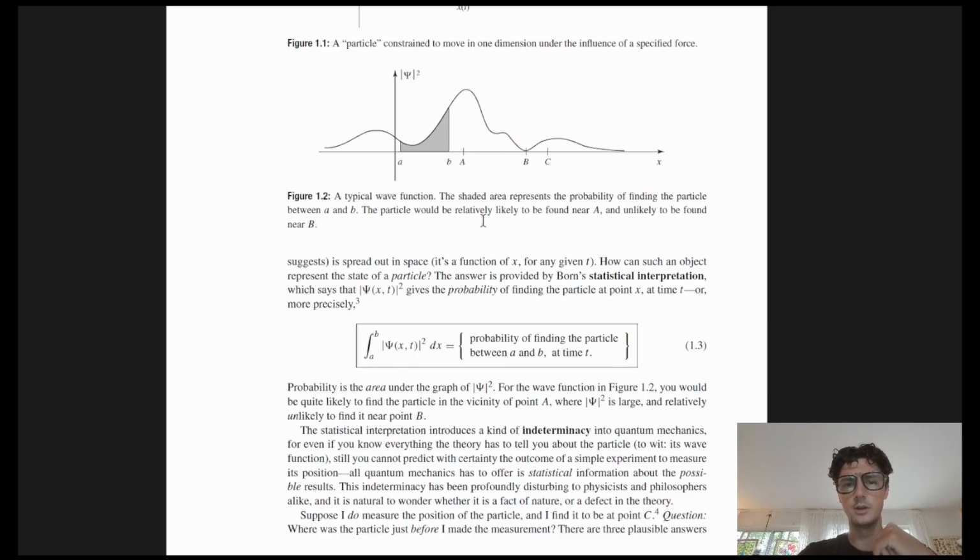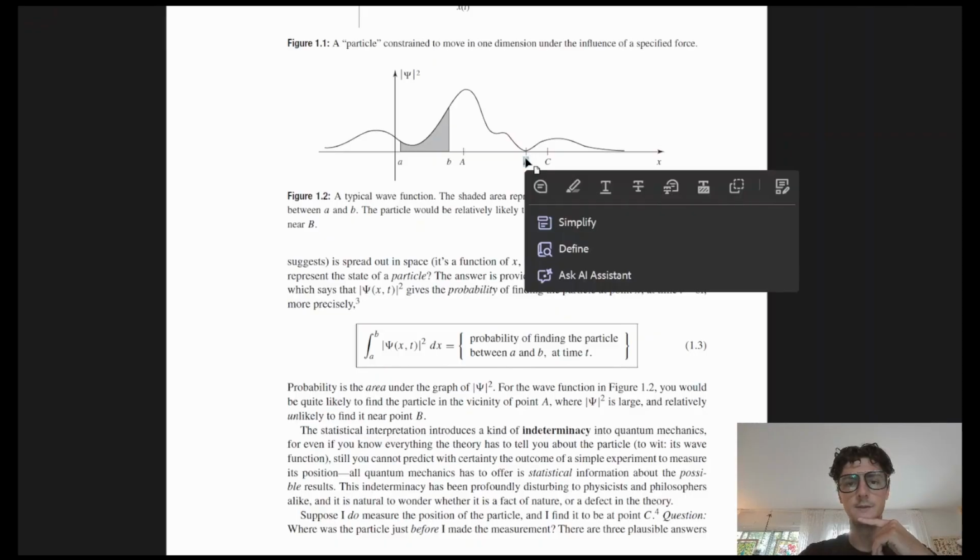The particle would be relatively likely to be found near A and unlikely to be found near B. So because the wave function moves around and goes to 0, you can see the wave function here with respect to x. Right here at position B, it's very close to 0.